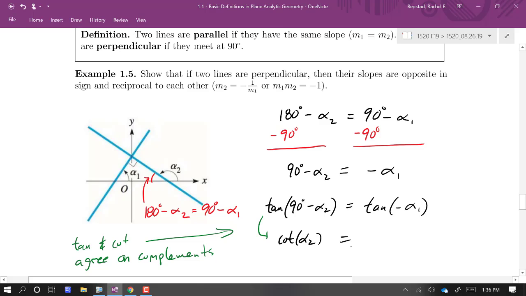It just so happens that because of the symmetry of the tangent function, if I plug in a negative angle, I will always get the negative of tangent of the positive angle. Like tangent of negative 30 degrees is the negative of tangent of 30 degrees. That's not true for a bunch of other functions. But because it's an odd function, we can make that substitution.